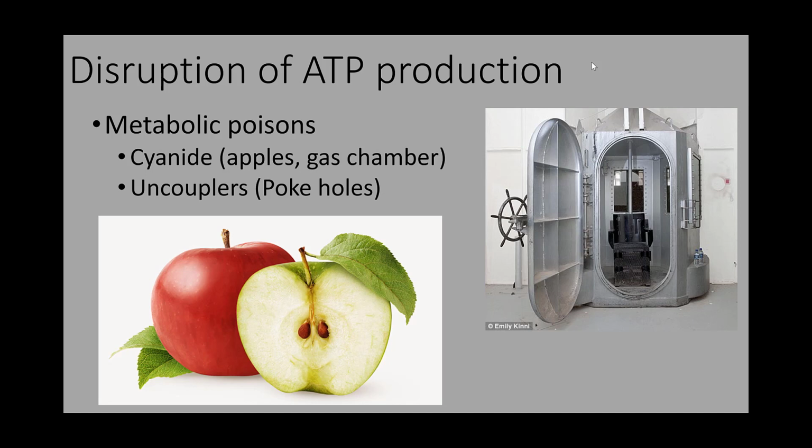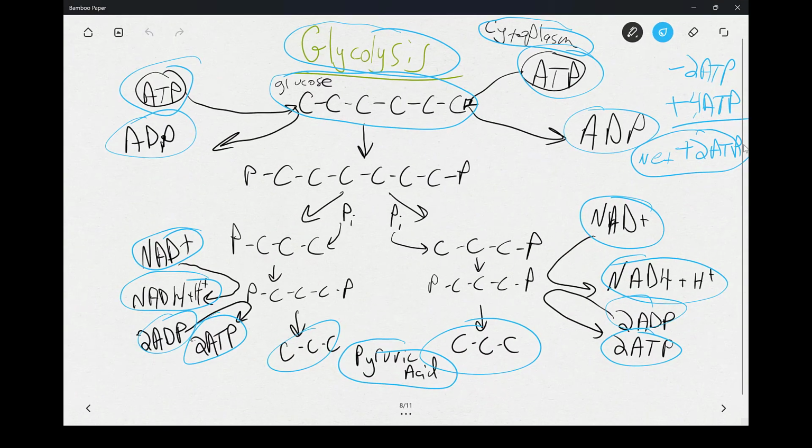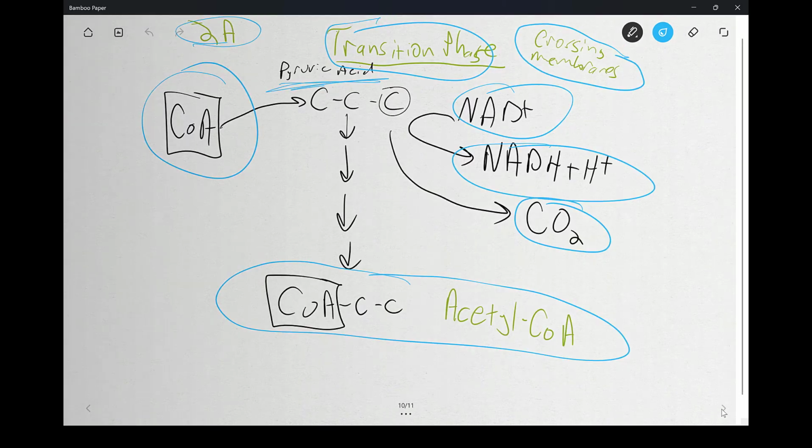But if you get enough cyanide from apple seeds, or incidentally, cyanide is the poison that works in the gas chamber. So how does cyanide work? Cyanide interferes with one of the protons in the electron transport chain. So let me click through here.